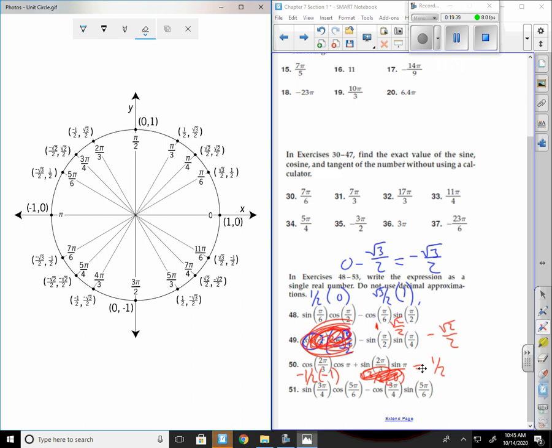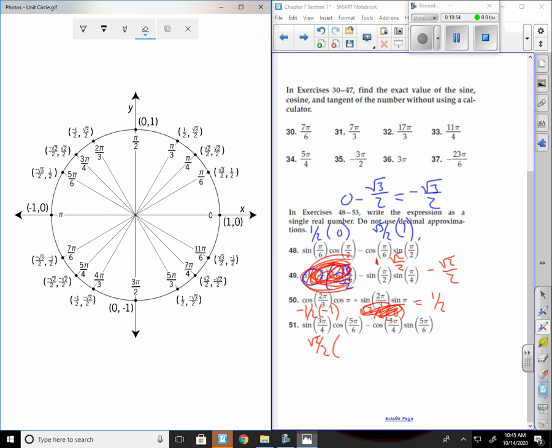Lastly is number 51. Sine of 3 pi over 4 is root 2 over 2. Cosine of 5 pi over 6 is negative root 3 over 2, minus the cosine of 3 pi over 4, which is negative root 2 over 2, times the sine of 5 pi over 6, which is 1/2.